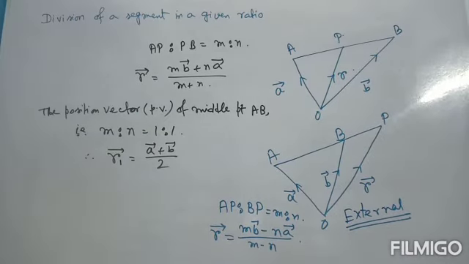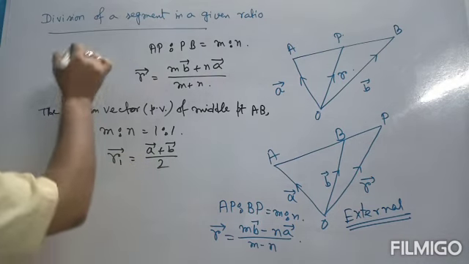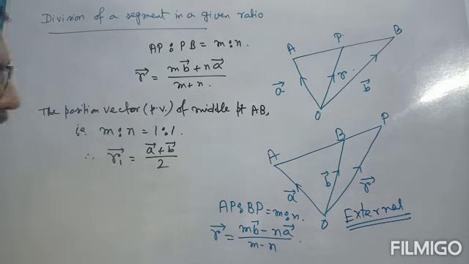Next, division of a segment in given ratio, like coordinate geometry. If a straight line divides in m:n ratio, then we find the coordinate of the point which divides a line segment in m:n ratio.